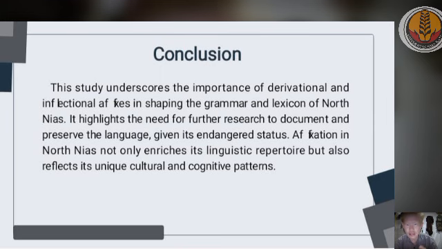It highlights the need for further research to document and preserve the language, given its endangered status. Affixation in North Nias not only enriches its linguistic repertoire, but also reflects its unique culture and cognitive patterns.